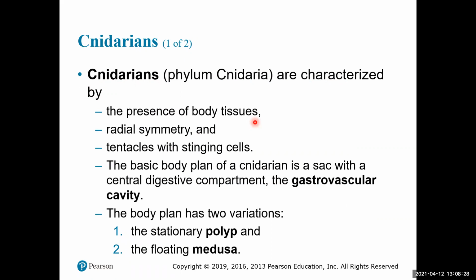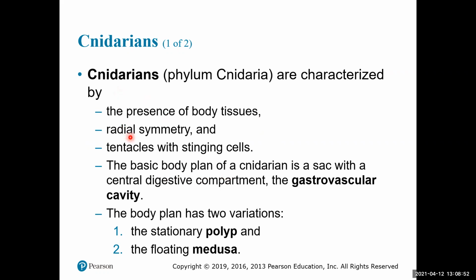They have an ectoderm and an endoderm. They do not have a mesoderm, so they don't have the red tissue layers that we were just looking at. They only have the outer tissue layer and the digestive tissue layer. So their basic body plan is just a sac with a central digestive cavity, so this gastrovascular cavity.